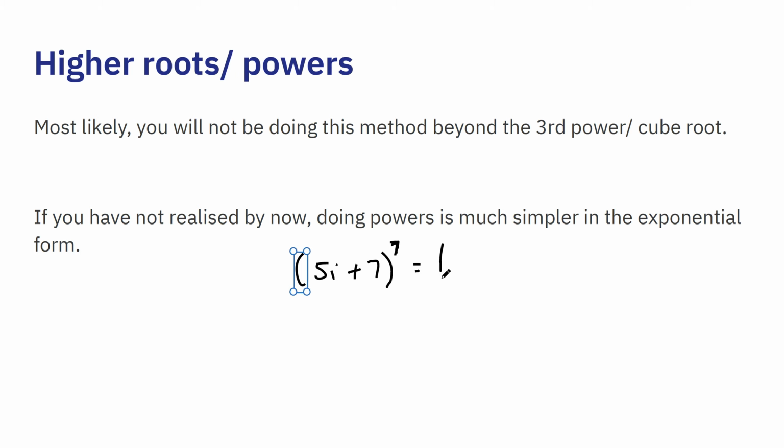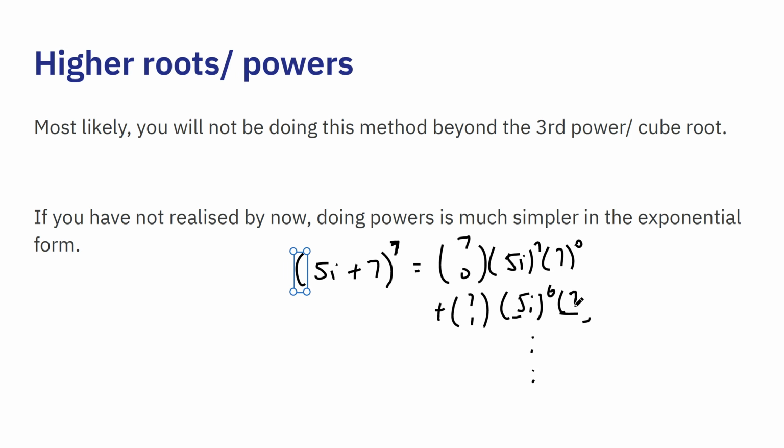So we could write it as 7C0 times 5i to the power of 7, plus 7C1 times 5i to the power of 6 times 7, plus 7C2, and so on, so on, so on. You know the drill. This is our usual binomial way we can use to do this. Then we have to simplify each term manually, and it's a very, very laborious process.